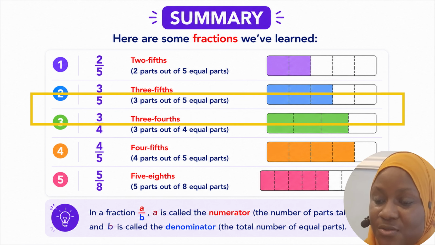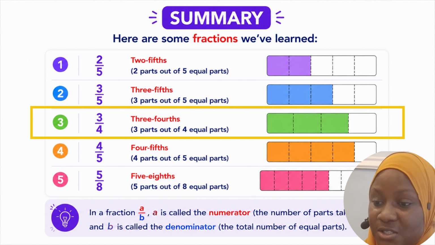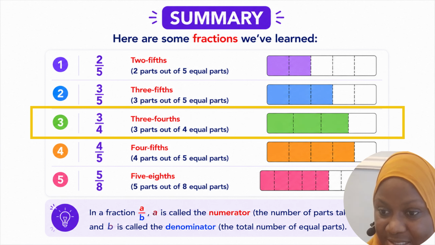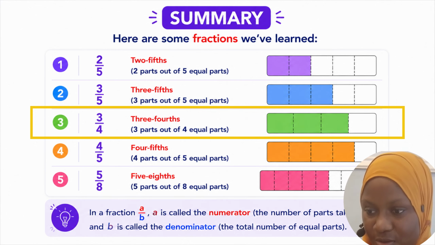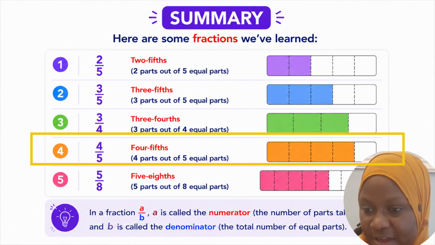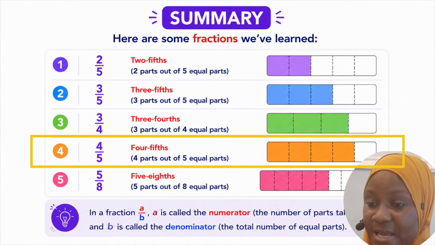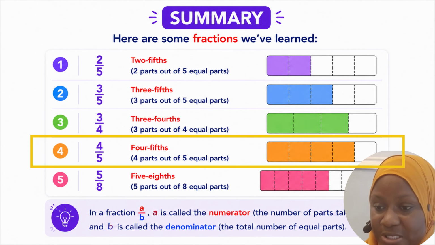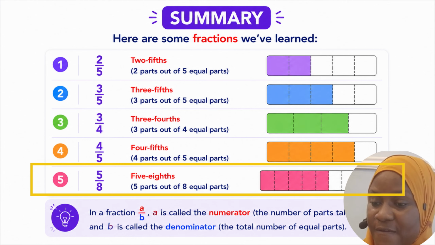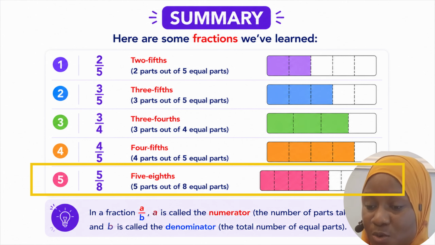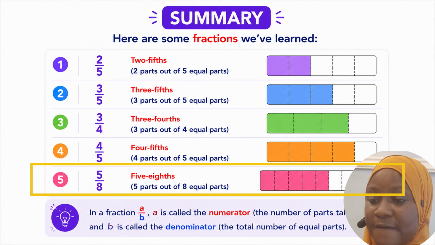And 3 over 4 means you've divided something equally into 4 pieces and you've taken 3 pieces out of it. And 4 over 5 means initially divided something into 5 equal pieces and you've taken 4 pieces out of the 5 pieces. 5 over 8 means you've divided something into 8 equal pieces and you've taken 5 out of the 8 equal pieces.